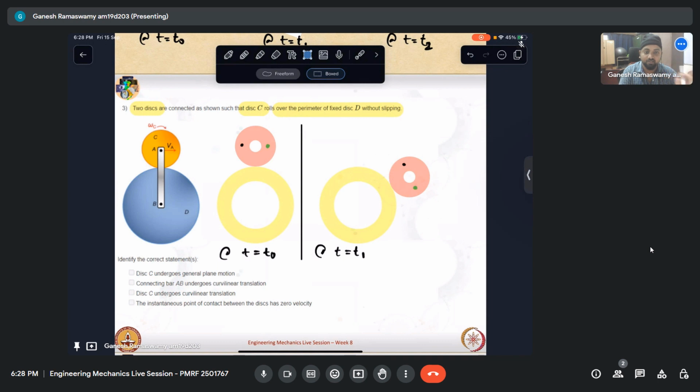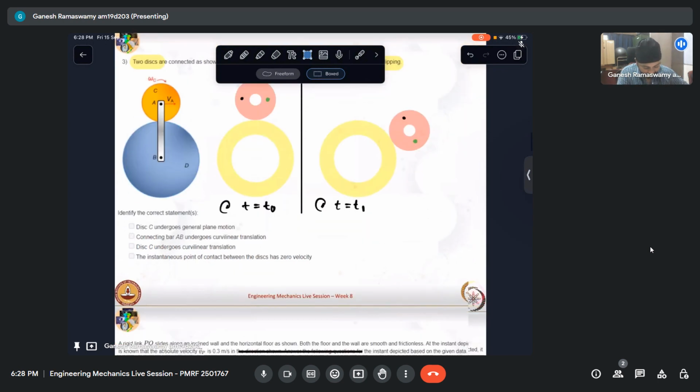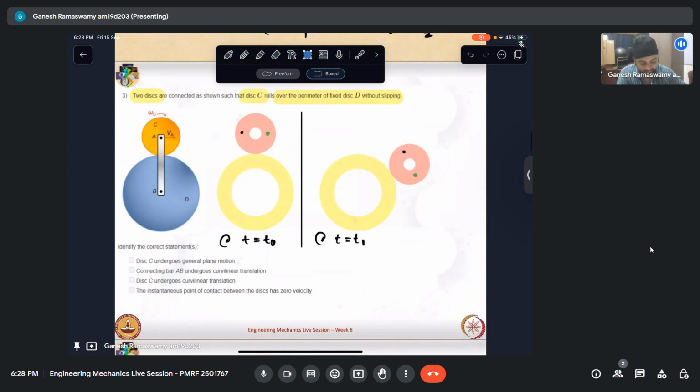Okay, so identify the correct statement. The disk is undergoing general plane motion. We just saw that this disk, it would have been here, it went there, and then it rotated. Essentially, both were happening simultaneously, but we can decompose that into two separate actions. So, yes, the disk is undergoing general plane motion because it is rolling without slipping.